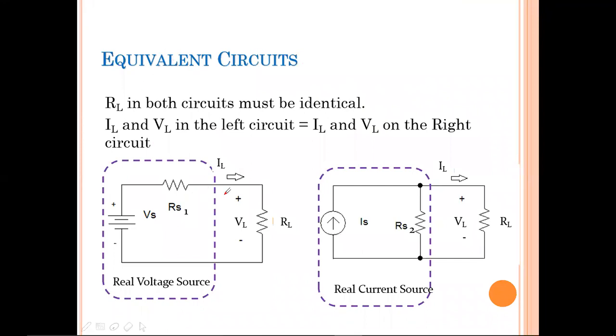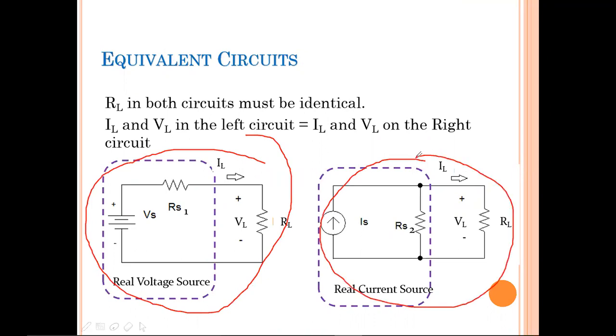While converting this circuit to this circuit, you should remember two important points. One is RL in both circuits must be identical, meaning it must be the same. Next, IL and VL in the left circuit are equal to IL and VL in the right circuit, meaning the current and voltage drawn by the load must be the same whether it is the voltage source or the current source.